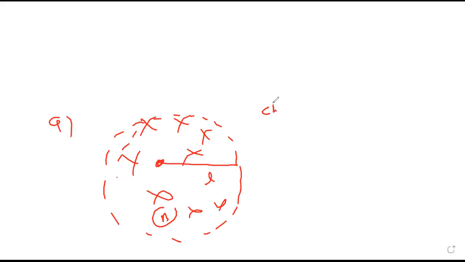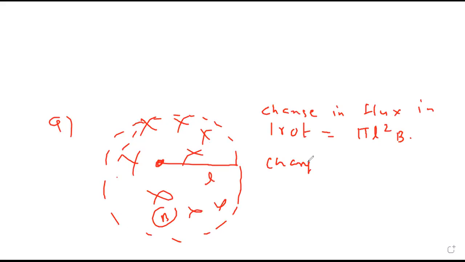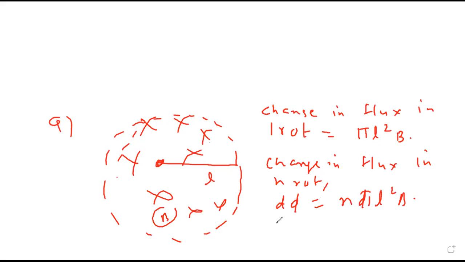Here, the change in flux in one rotation will be the area swept, pi L square, into the field B. So the change in flux in n rotations, d phi, is n into pi L square B. E is d phi by dt, which is n pi L square B upon dt.